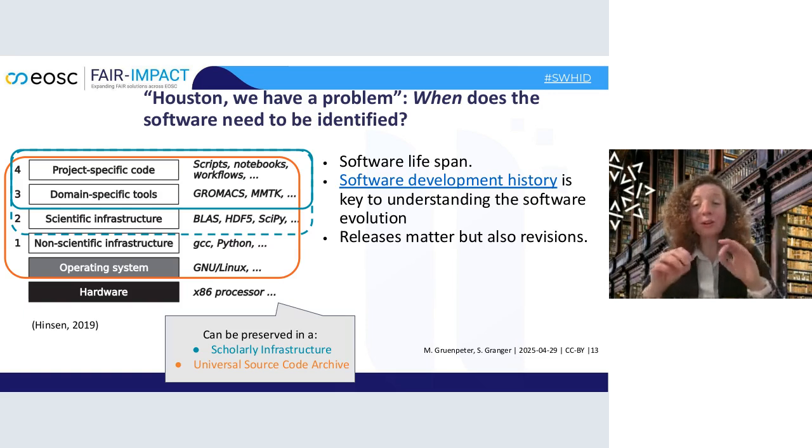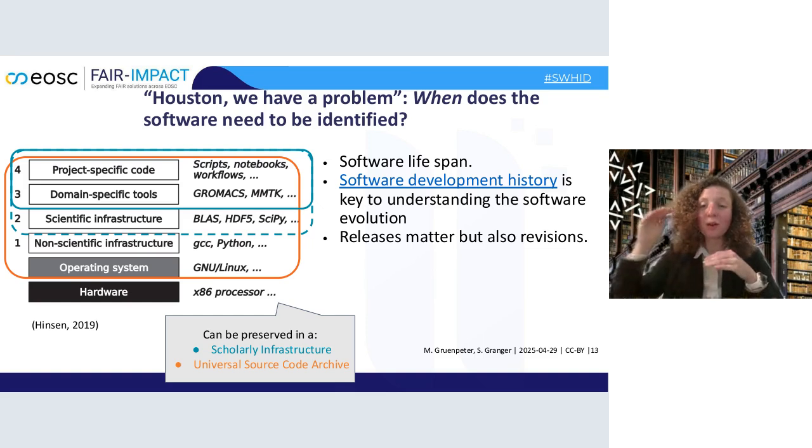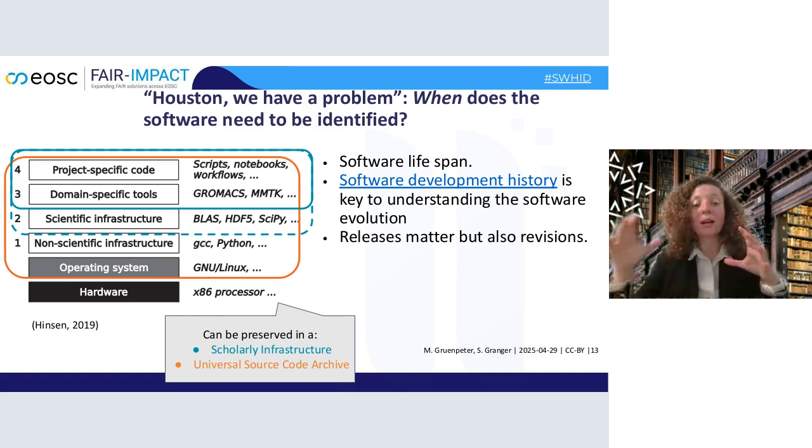Now, software is not developed in isolation. It's research software, especially because it depends on a lot of things that are out there. And if you look at Konrad Hinsen's software collapse diagram, you see that the project-specific code, which is the research software, is on the top of this stack.